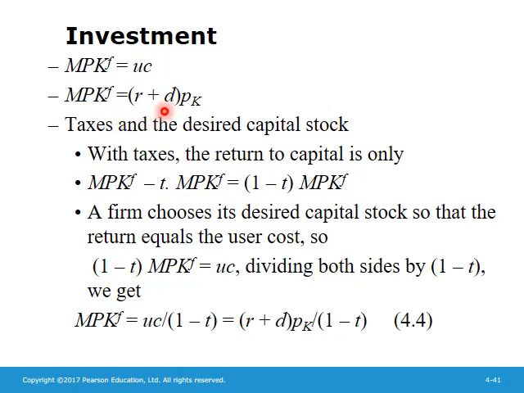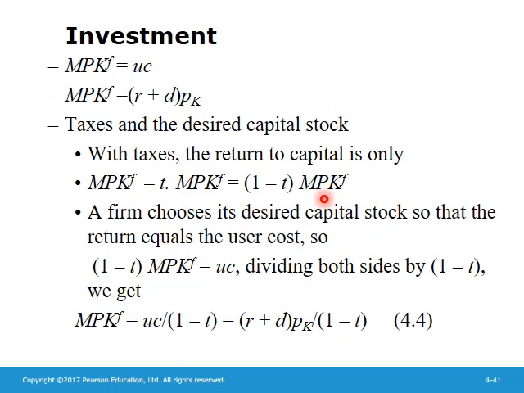But things are not that simple. This comparison must also take into account that the company gains the MPK, the benefit side, but subtracted from it are the taxes that it pays to the government. If the taxes are imposed on the revenue side, then the benefit side, the MPK, the marginal product of capital, must have the tax rate subtracted from it, which means it's 1 minus t multiplied by the future MPK.